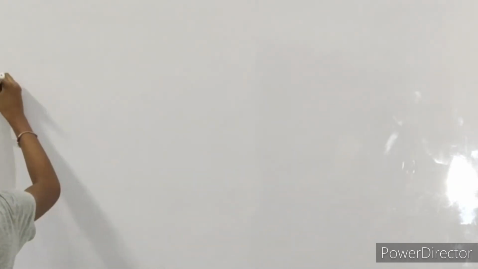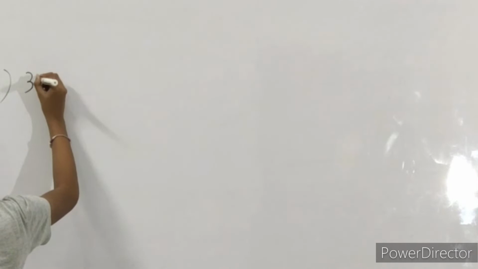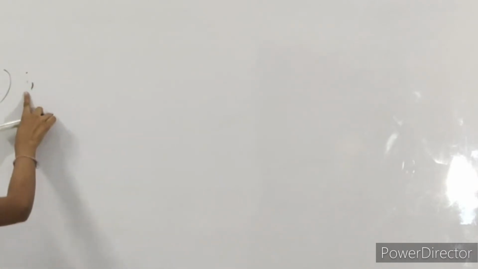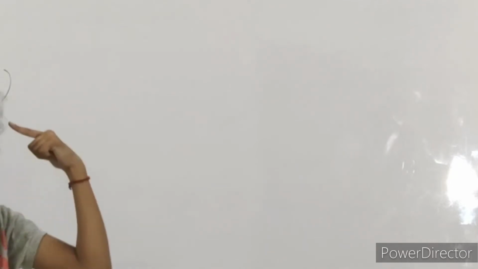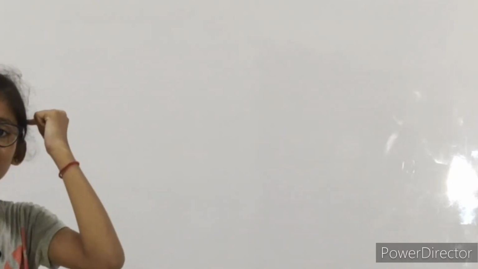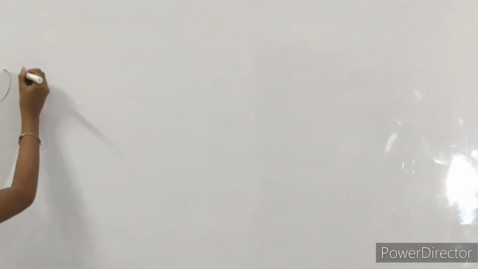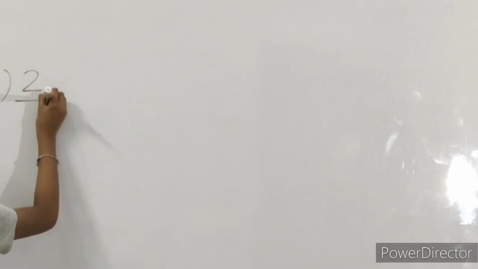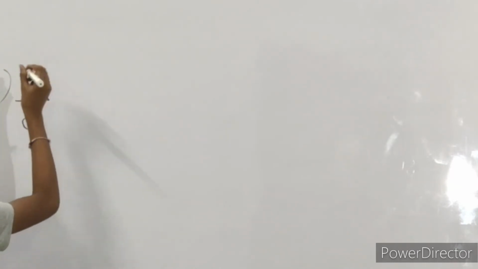So A is 3 point, not point, upon, get in my brain, not point, it's upon 2/8.